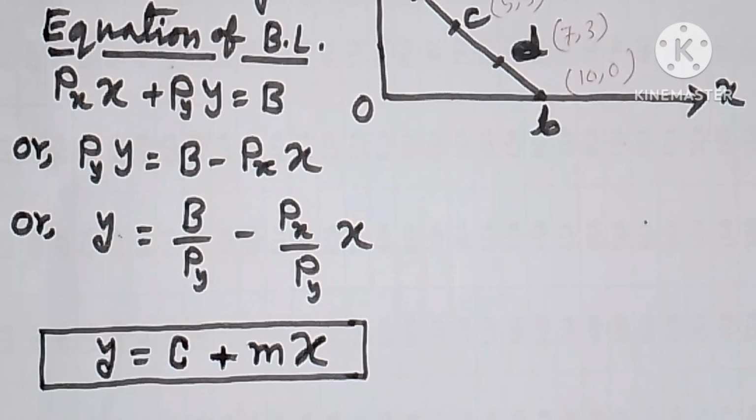Now if we compare this equation with the equation of the straight line, that is Y equals c plus mx, where c is the intercept of a straight line and m is the slope, then by comparing with the budget line equation we can simply write c equal to B by Py, that is the value of the intercept, and m equal to minus Px by Py, that is the slope of the budget line.